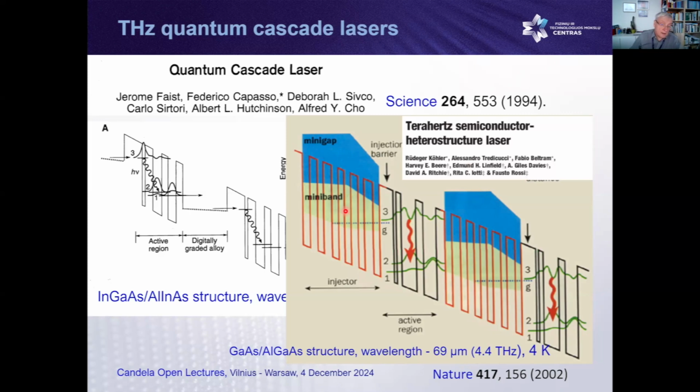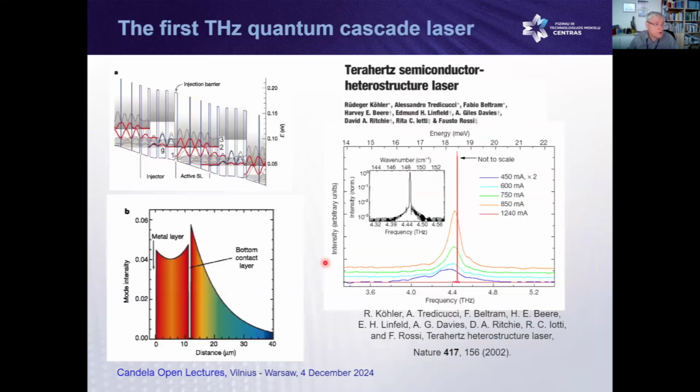The idea was to employ a specific design which allows the use of electron-electron scattering for the population. There is a very nice picture: we have an injection level, an active level, and emission comes from this side. You see this miniband engineering; we'll go into more detail here.